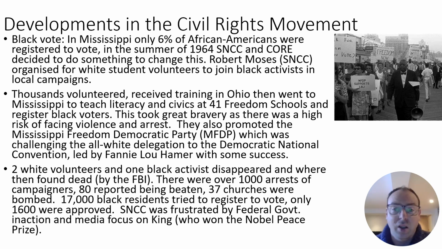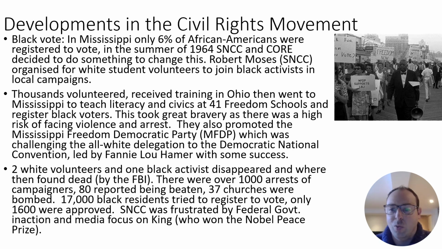Robert Moses from SNCC organised for white student volunteers to join black activists in local campaigns. Despite the cost and the risks, thousands volunteered, receiving training in Ohio, and then went into Mississippi to teach literacy and civics at the 41 freedom schools that were set up and to help register black voters.